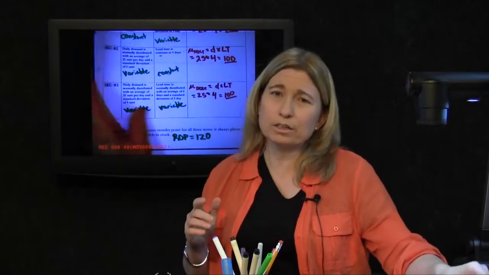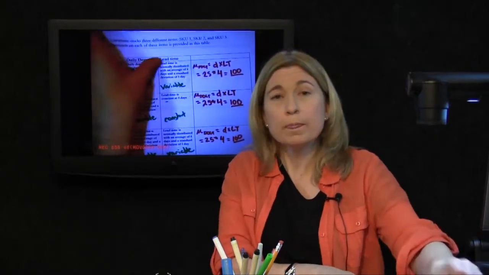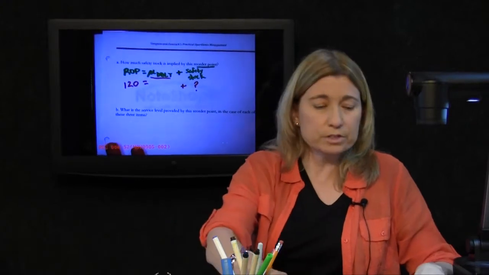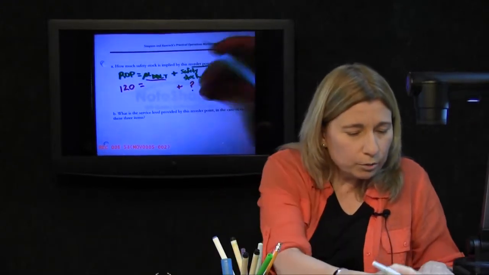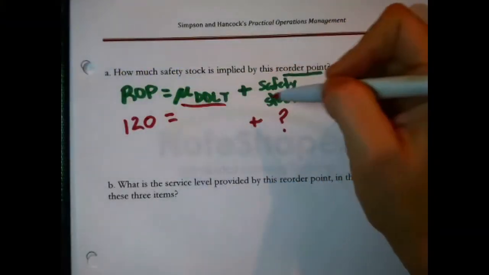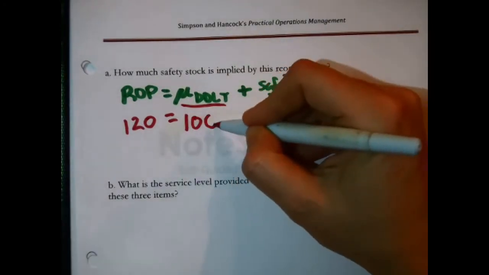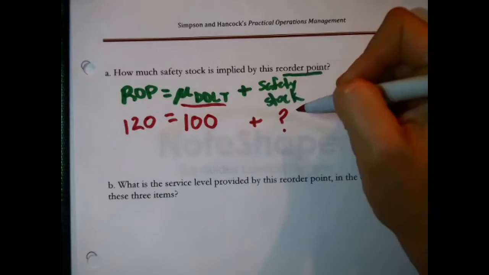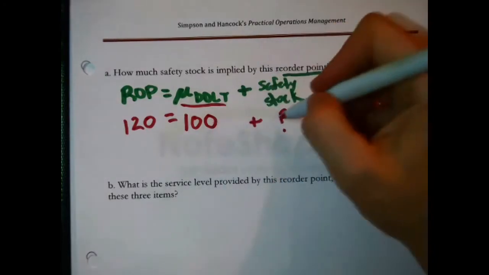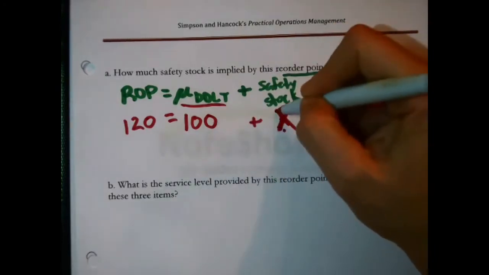Now, wait, go back to the question. We have to answer the question still. The question wasn't about the average demand during lead time. It was a question about the safety stock. And we can answer it in one calculation because it doesn't matter which item you're talking about. The average demand during lead time is 100. This is essentially the X, what we're looking for.